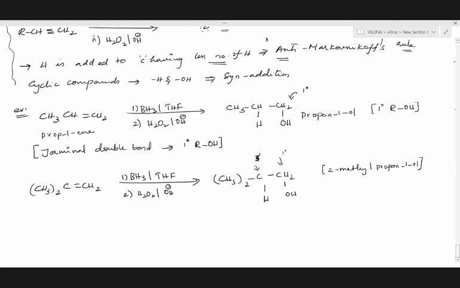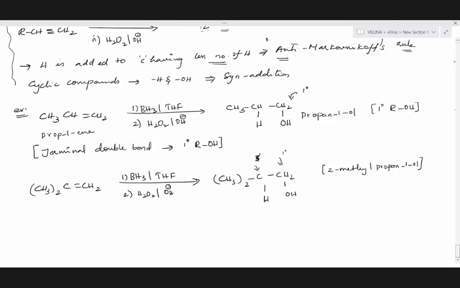In the next step we have a hydrogen and an OH group. So in this hydroboration oxidation reaction, the net reaction is addition of H and OH to the carbon carbon double bond.